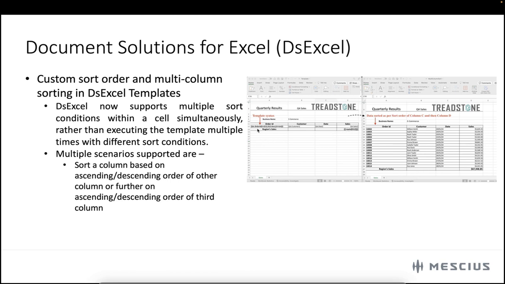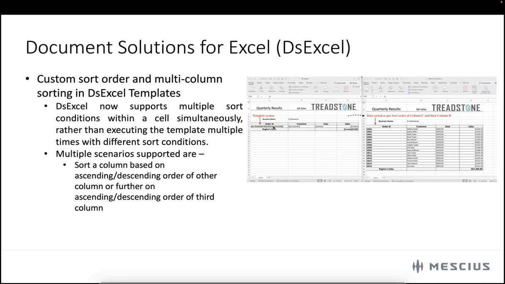Within the template you can define the sort condition which says s equal to C12. So by default C12 would be sorted in ascending order, but the column would not be sorted. Only the data of column A would be sorted as per the sort direction of column C. And then you say D12 descending order.